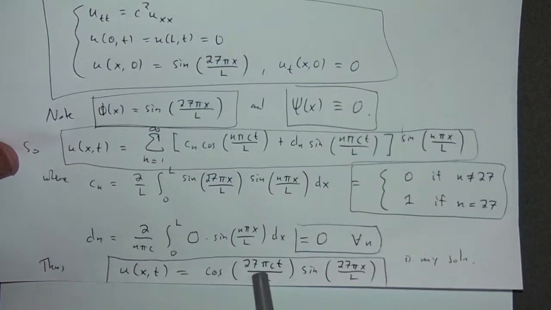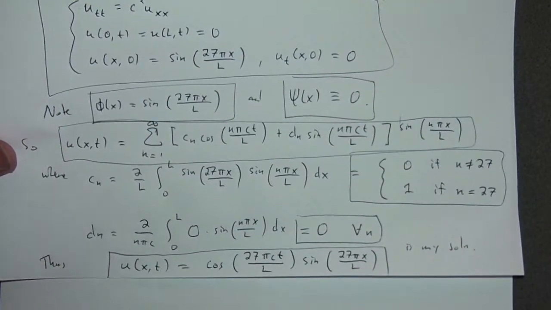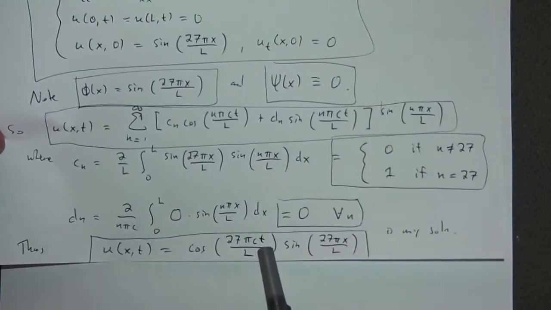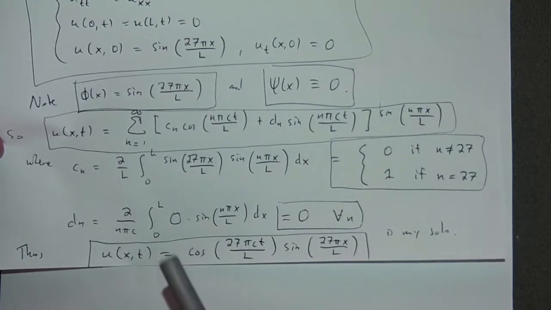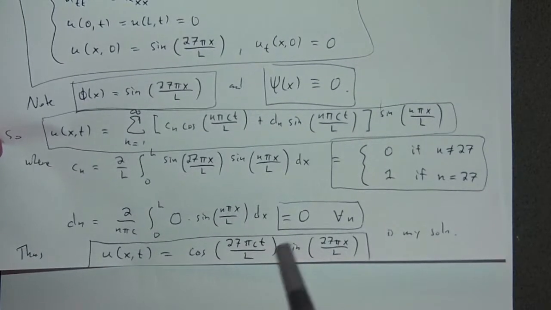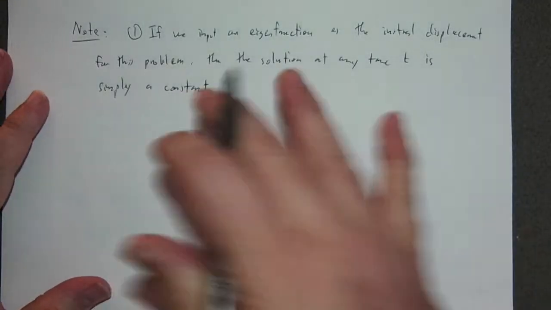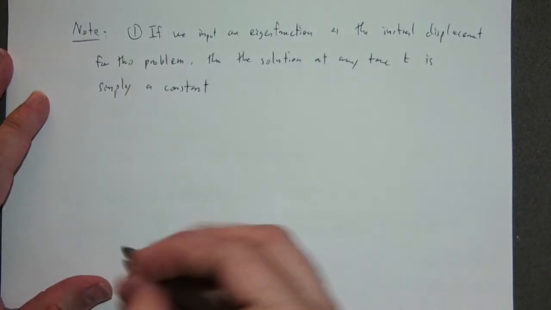Cosine of 27 pi ct over L is not a constant. Well, for any given fixed t, it's a constant, right? So for a fixed t, this is some constant times this initial displacement. And so at any time t, this is a constant times the initial displacement.